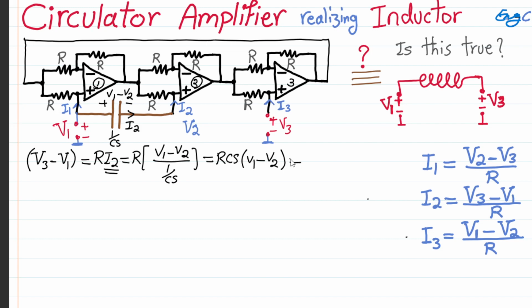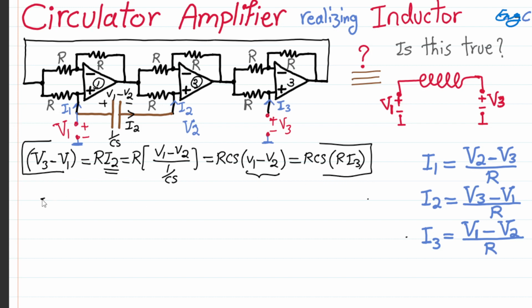Great. Now, V1 minus V2, according to another equation from the circulator amplifier, is R times I3. So this can be replaced by R times I3 using the third equation here. So I have RCs times R times I3. Summarizing, remember we started from the delta between V3 and V1 and we got to this point.